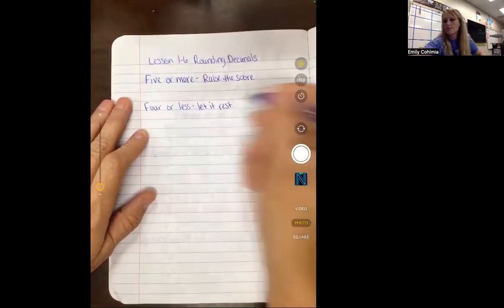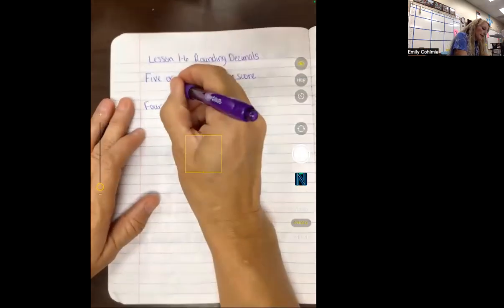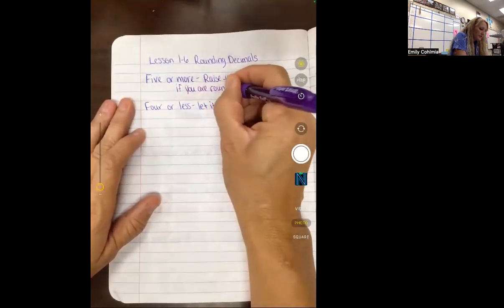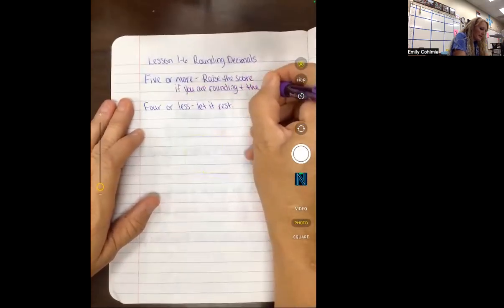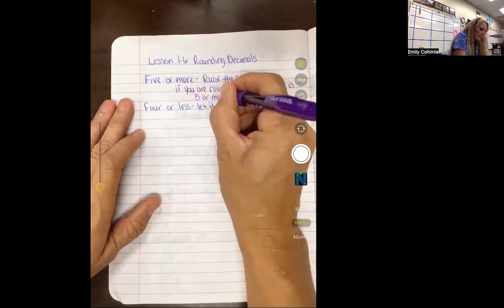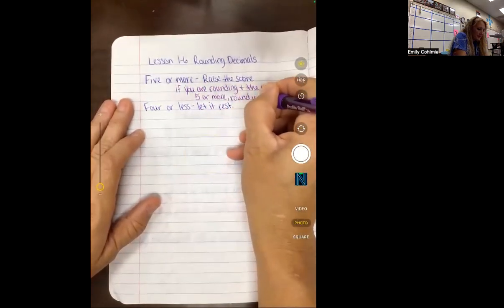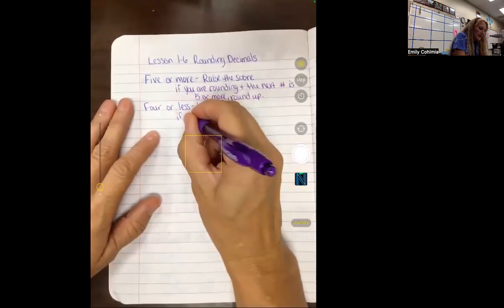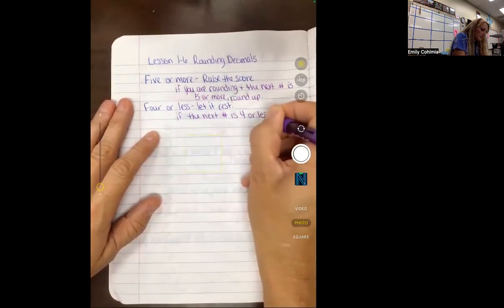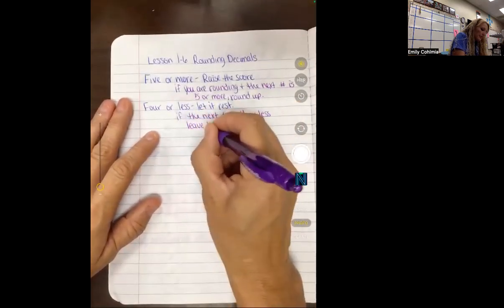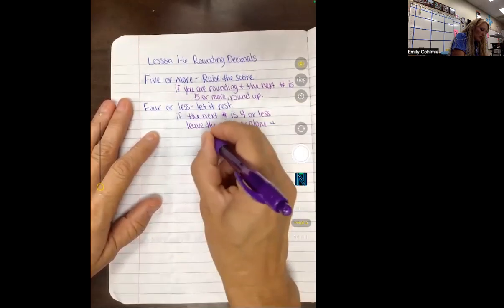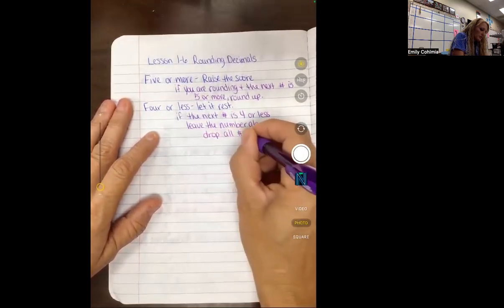And what I mean by these is if it says 5 or more, raise the score, it means if you are rounding and the next number is 5 or more, round up. If the next number is 4 or less, leave the number alone and drop all numbers after.